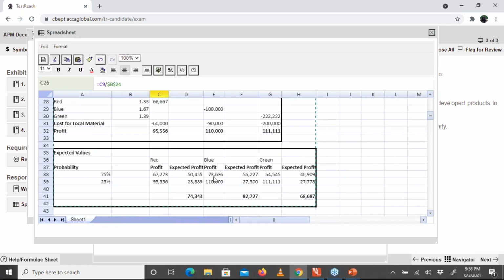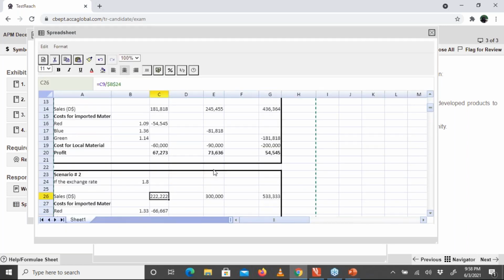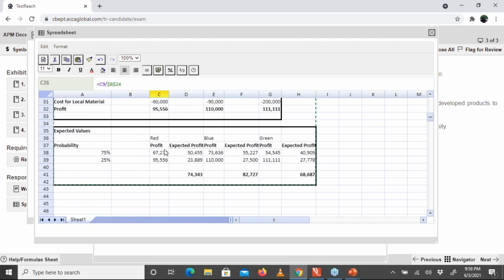Now, if I talk about this red, blue, and green, just try to understand this. When you talk about this red, what is the minimum value of this red? So what have I done? I've just put in a formula of the minimum value out of these two. I'll copy this formula and put it on blue. I'll copy this formula and put it on green.